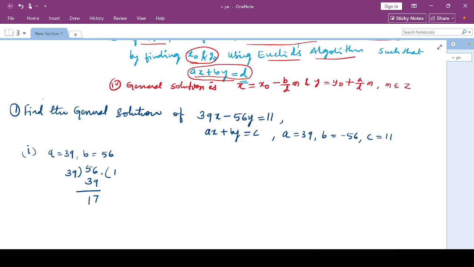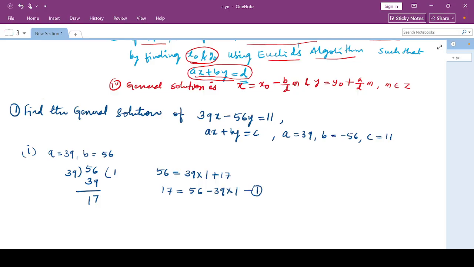Expressing this in terms of the division algorithm, 56 can be written as 39 into 1 plus the remainder 17. Expressed in terms of the remainder, it is 17 equals 56 minus 39 into 1.